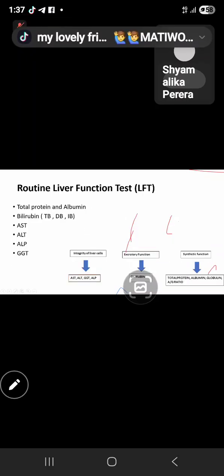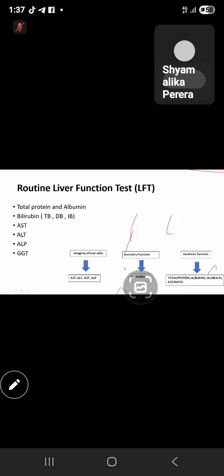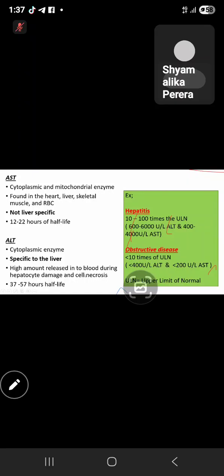So the next part, under the routine liver function tests, I would like to highlight some points regarding the enzymes which indicate the integrity of your hepatocytes. Under that, AST and ALT, aspartate transaminase and alanine transaminase. These are the two important enzymes.